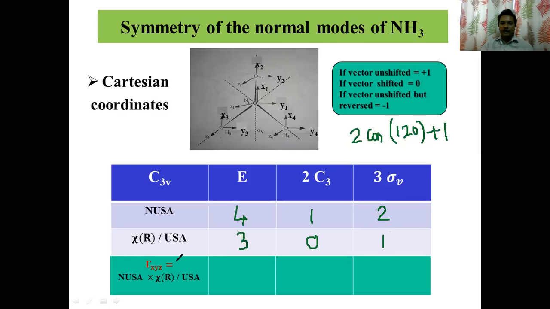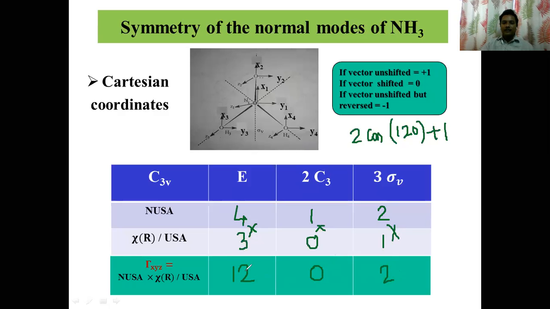So therefore the reducible representation we get is the number of unshifted atoms multiplied by the character per unshifted atom. So if we multiply this, that is going to be 12, right? And then if you multiply this, that is going to be 0, and this is going to be 2, right?